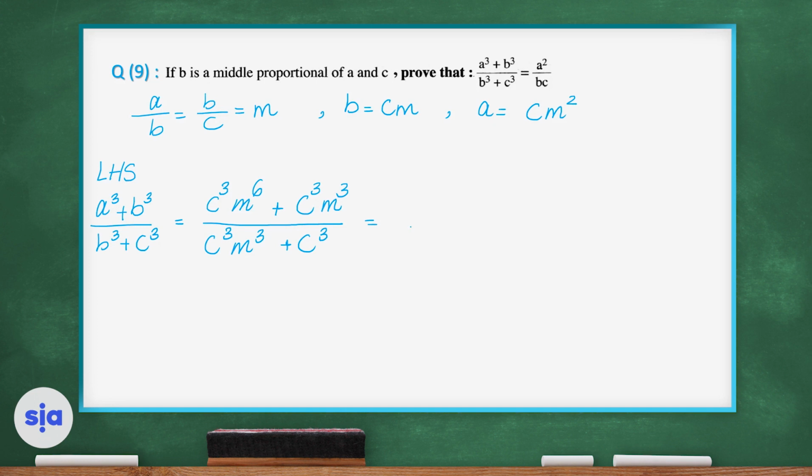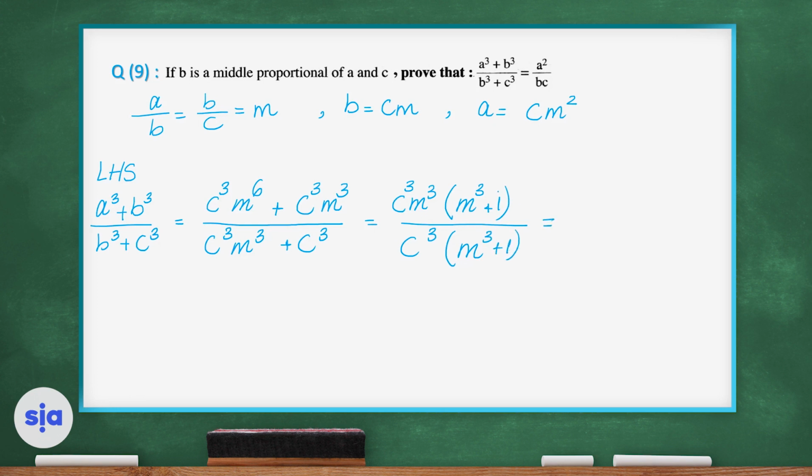By taking common factors up and down, you will see that here it's C cubed m cubed multiplied by m cubed plus 1 over C cubed as a common factor multiplied by m cubed plus 1.